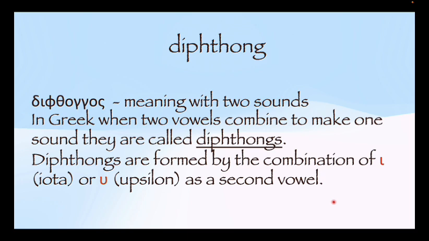When these 5 vowels are combined with iota and upsilon, we call them diphthongs, because they are two vowels combined together, but they make one sound instead of two sounds. That's what is called diphthongs.